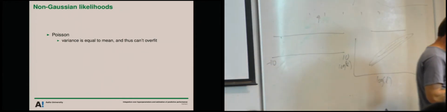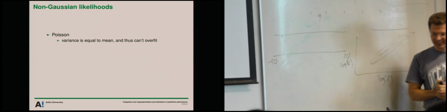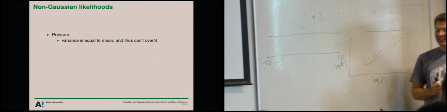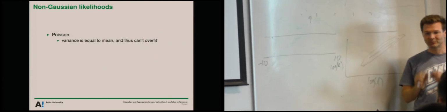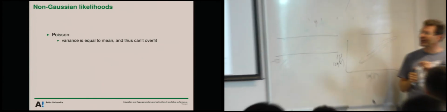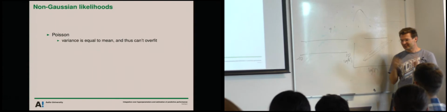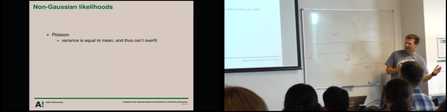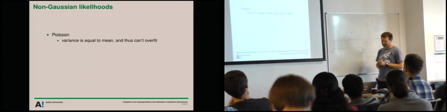With the non-Gaussian likelihoods, Poisson is interesting in that the variance is equal to mean, and then there's no problem that it could overfit. It can't make the variance of the likelihood go to 0, and there's less danger that it would go to the short length scales. There's still a problem with the large length scales.